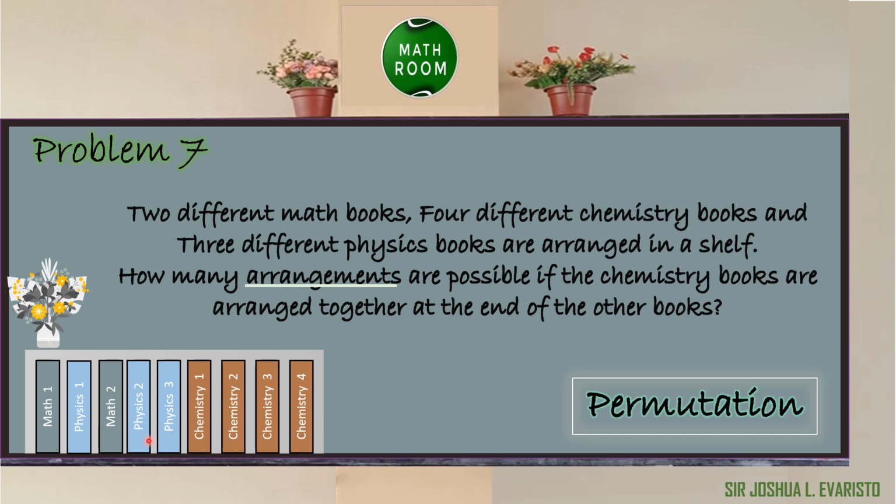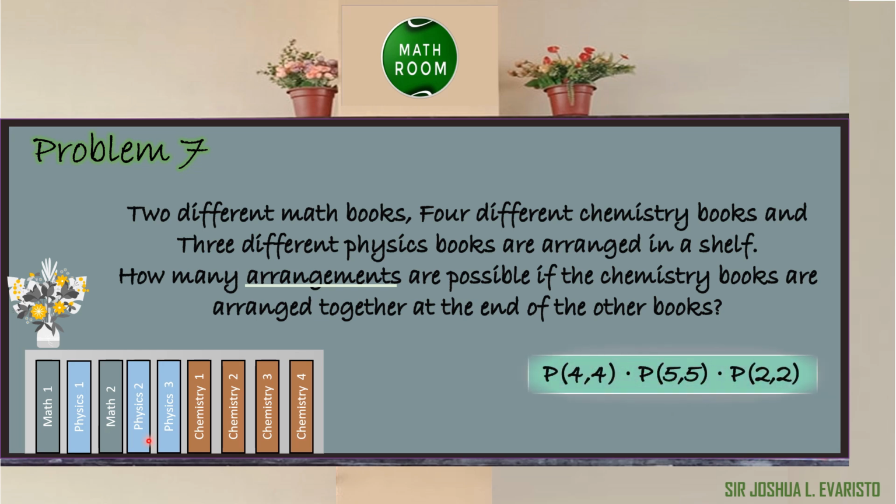Hence, this problem can be solved using permutation of 4, 4, since we have 4 chemistry books and we are going to arrange them together, times permutation of 5, 5, since we have 5 non-chemistry books and we're going to arrange them together, times permutation of 2, 2, since we can arrange the 2 sets of books in a shelf, both chemistry books and the non-chemistry books.